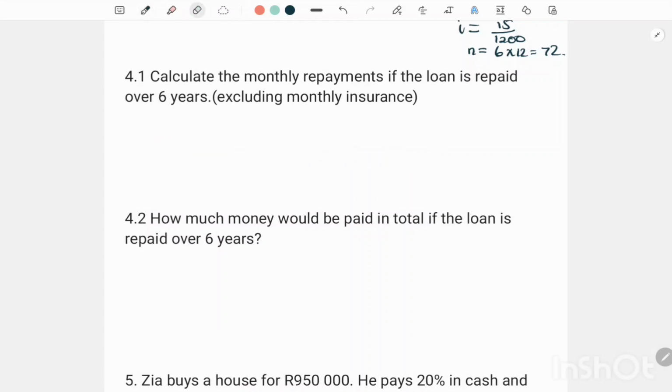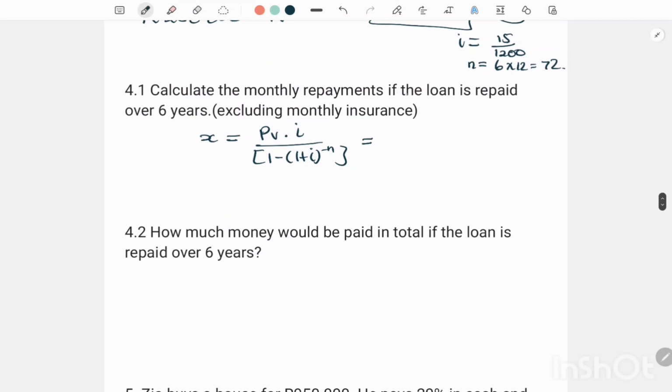Okay, let's check. So it's present value, so X is equal to PV multiplied by I over 1 minus (1 plus I) negative N. Then it is 260,000 multiplied by the interest 15 over 1.2 over 1 minus (1 plus 15 over 1.2) negative 72.